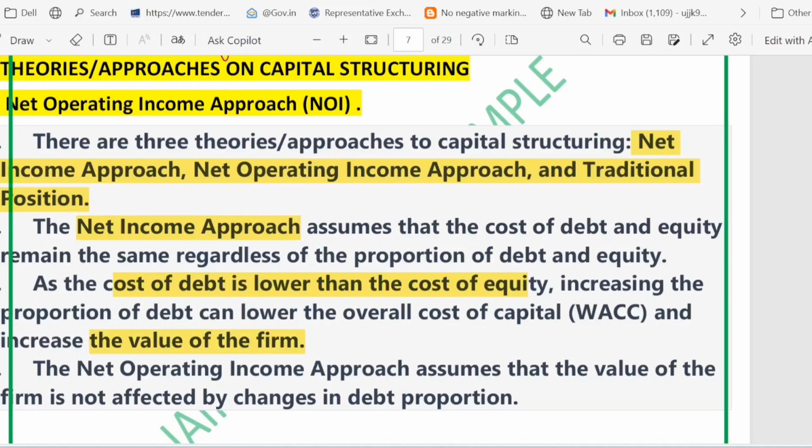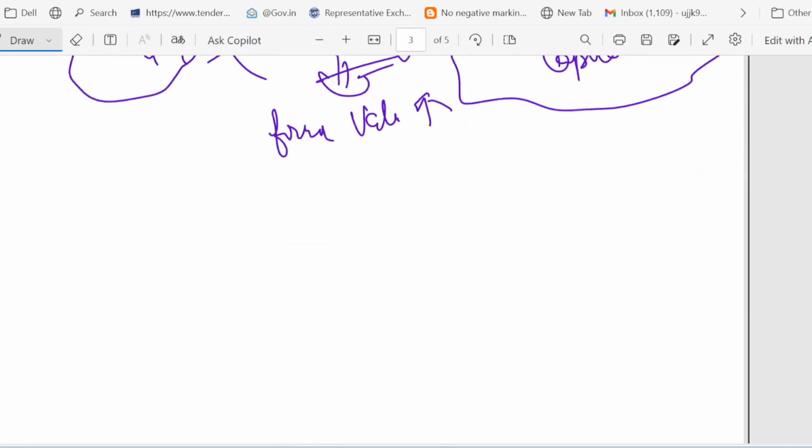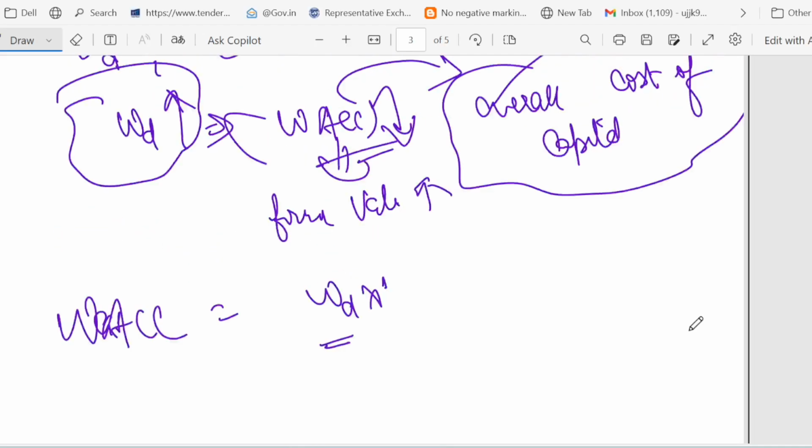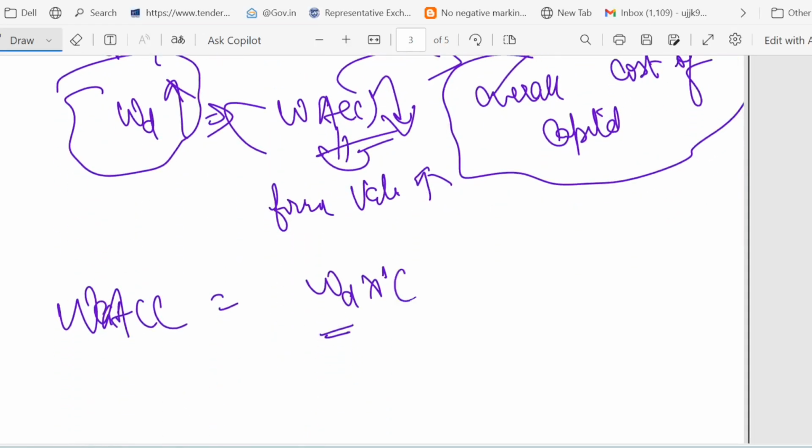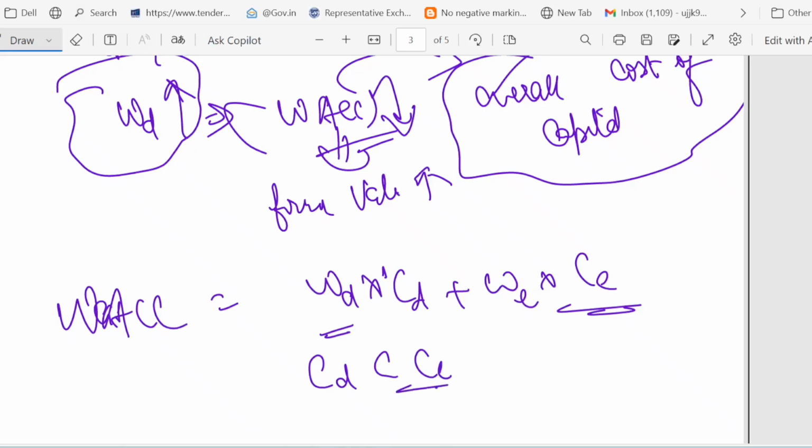Very simple to understand. You can think of it like this. You know the formula? WACC is equal to WD, that is the proportion of the debt, into cost of the debt, plus proportion of the equity into cost of equity. Now think about it. CD is less than CE, right? And we assume that they remain the same throughout.